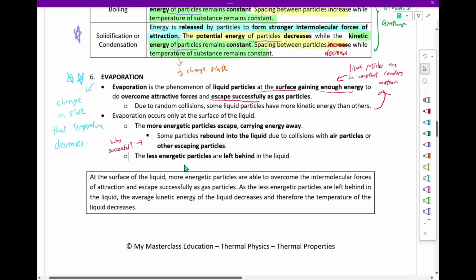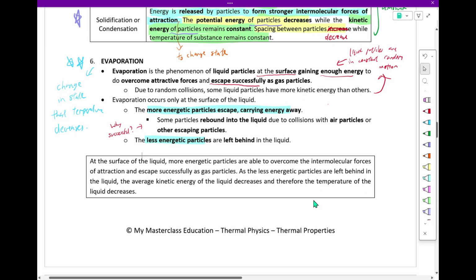So what's the problem is now, whoever is left behind are all the less energetic ones. So more energy escapes, your less energetic are left behind. So this is the reason why temperature decreases, because the less energetic are left behind, average kinetic energy decreases. Just be careful, because at the surface, the more energetic overcome and escape successfully.